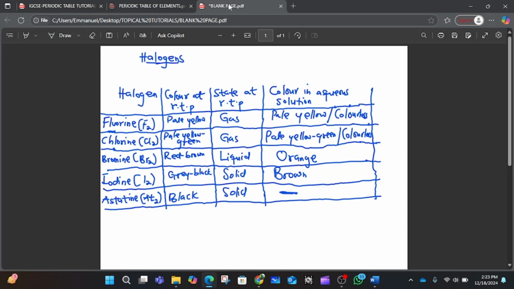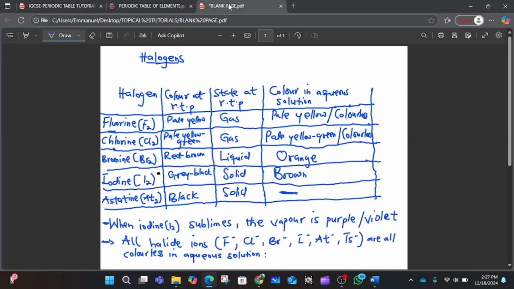Although iodine is a solid, it can sublime into the gaseous state. And when iodine sublimes, the vapor is purple or violet. Also, all halide ions like fluoride, chloride, bromide, iodide, astatide, and tennessside are all colorless in aqueous solutions.